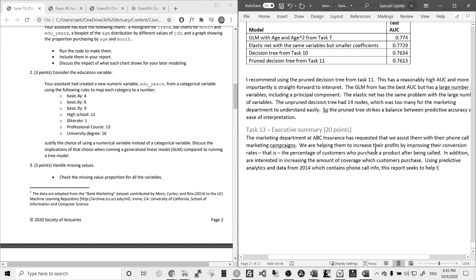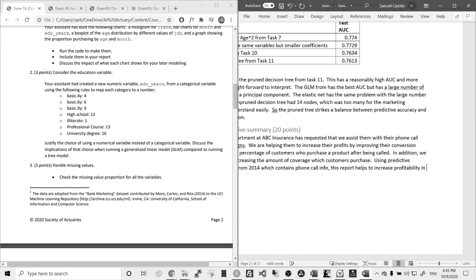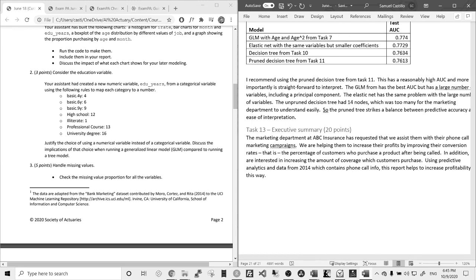We are helping them to increase their profits by improving their conversion rates. That is the percentage of customers who purchase a product after being called. In addition, we are interested in increasing the amount of coverage which customers purchase. Using predictive analytics and data from 2014, which contains customer phone calls, this report helps to increase profitability in this way. So let's go into more detail.